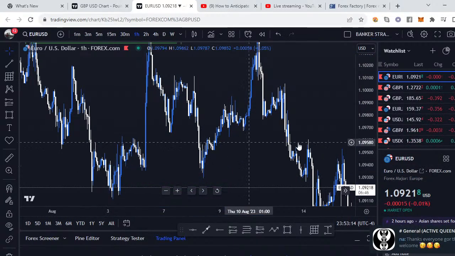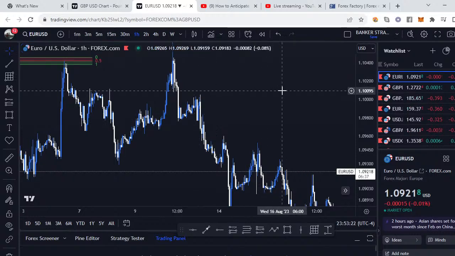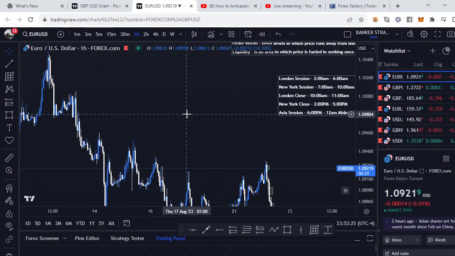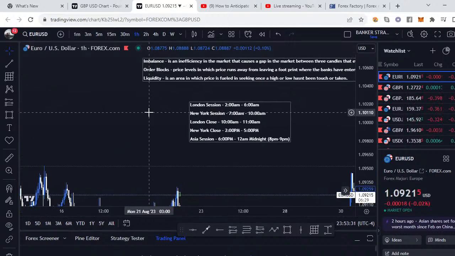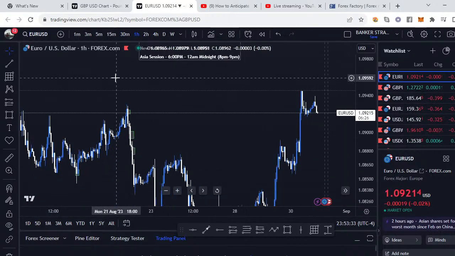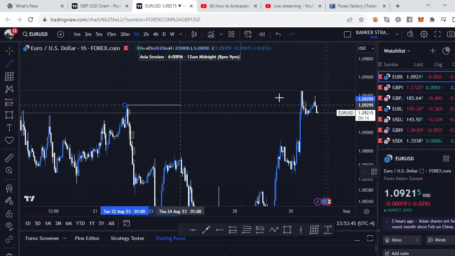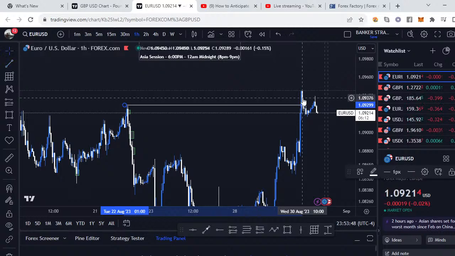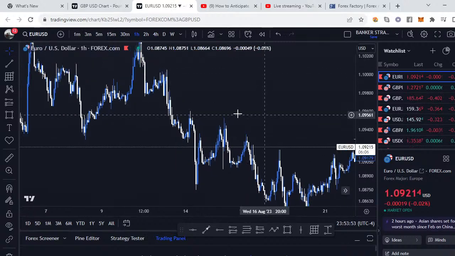And now we're going with liquidity. So liquidity is an area in which price is fueled and seeking once a high or low hasn't been touched or taken. So price, as you can see, there's liquidity. There's liquidity here. There's liquidity all along here.